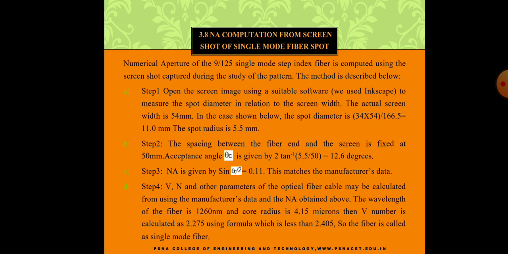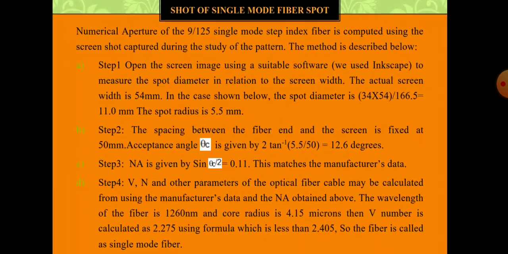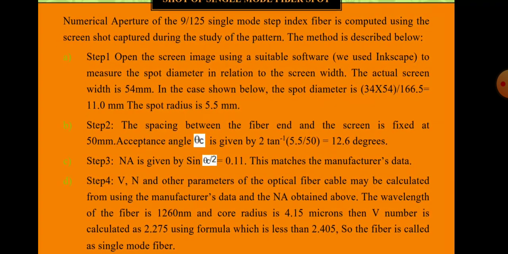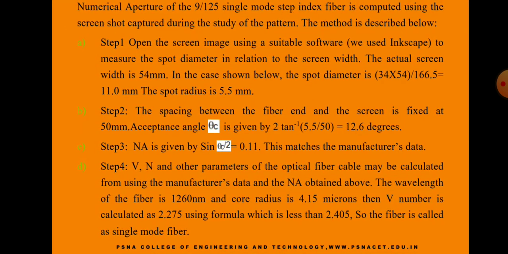The last step is the V number. Using the manufacturer data and the numerical aperture obtained above, the guided mode and other parameters of the optical fiber cable may be calculated. The wavelength of the fiber is 1260 nm and the core radius is 4.15 microns.